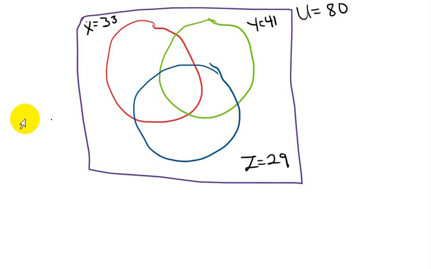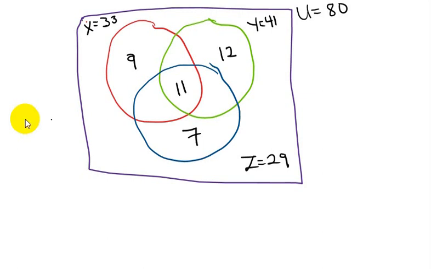Okay, and the question says that 9 pick X only, so X only is this side, so 9. And it said 12 pick Y only, so 12 will be here. And also 7 pick Z only, so that one too will be here. Now 11 pick all the 3, so 11 too will be here like that.